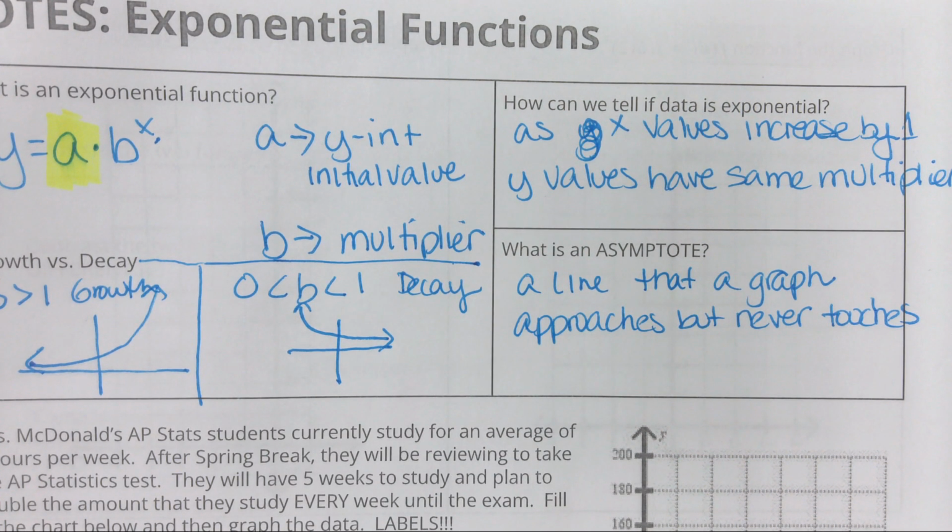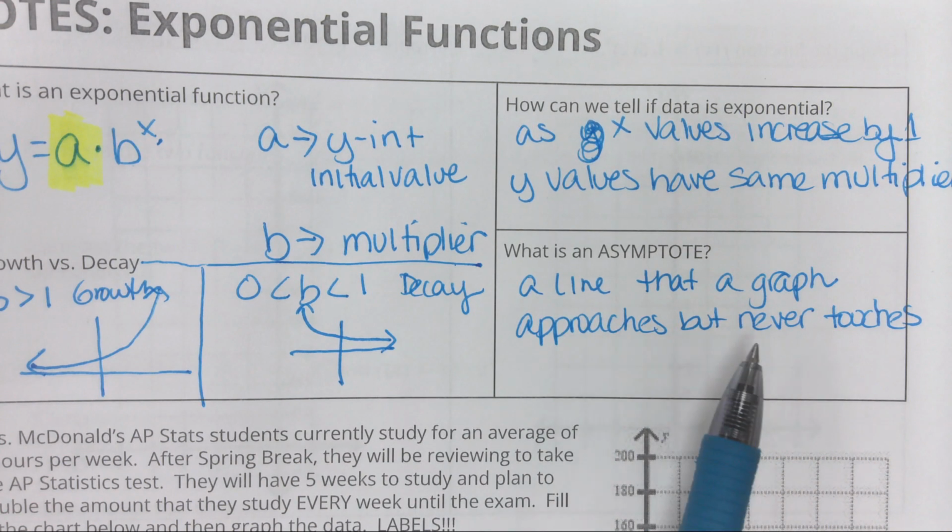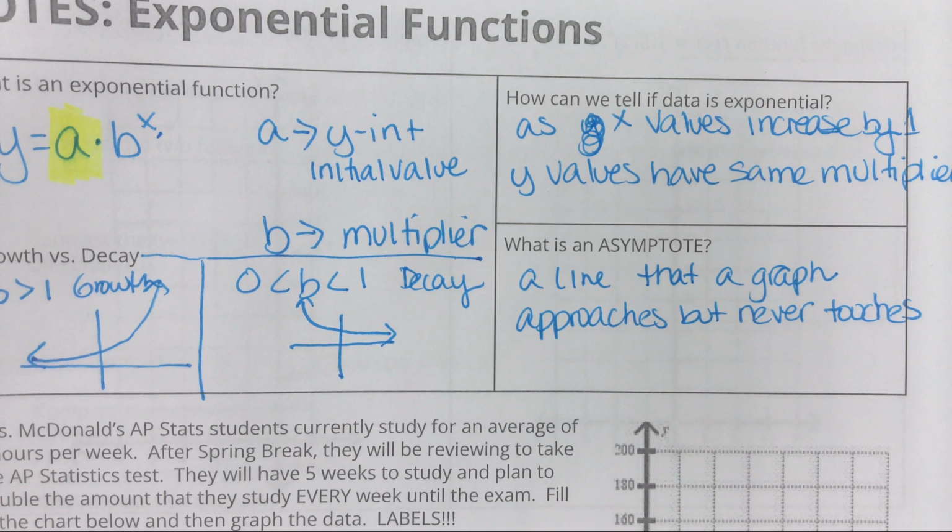We do not spend much time in algebra talking about those, except just to point them out when they happen. So we have a line that a graph approaches but never touches. The reason I'm talking about that is I want you to look at those two graphs that I made. Can somebody point out where the line is on these two graphs that the curve approaches but never touches, never crosses?